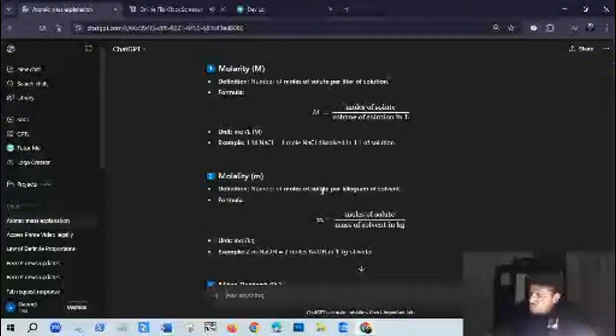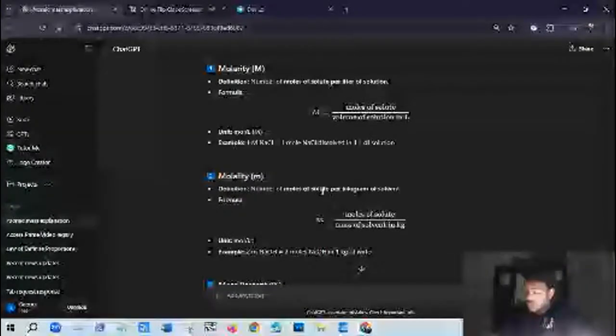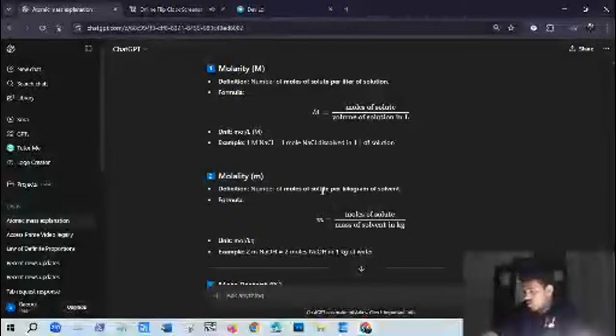This is mass, that's moles of solute, this is mass of solution in kg.